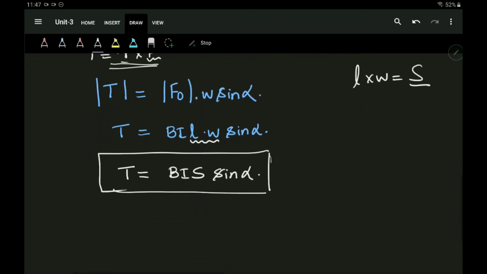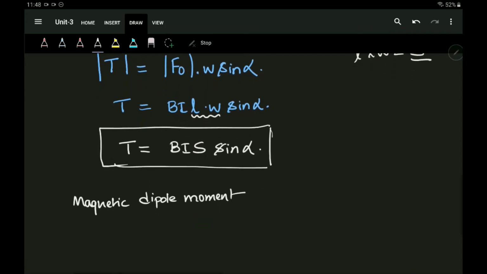And there is one more definition, the magnetic dipole moment. The magnetic dipole moment is given by the value small m.